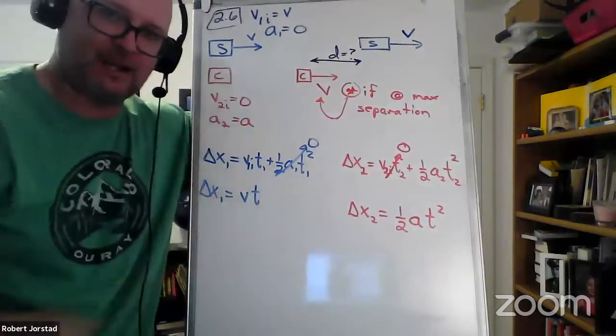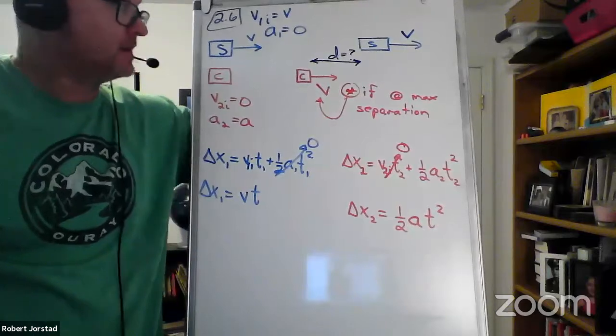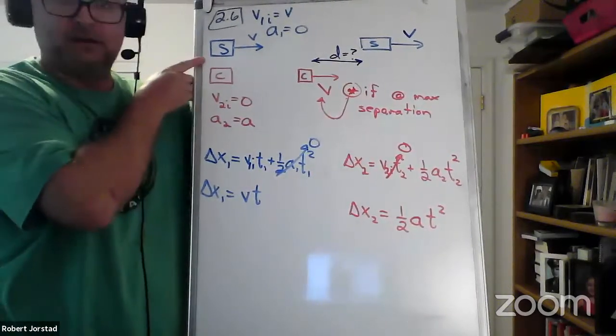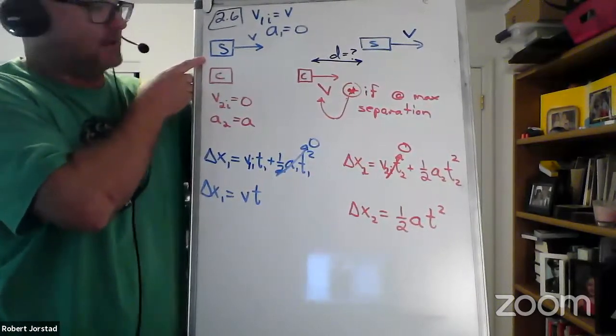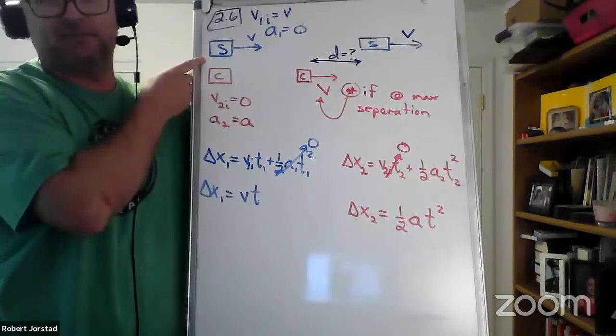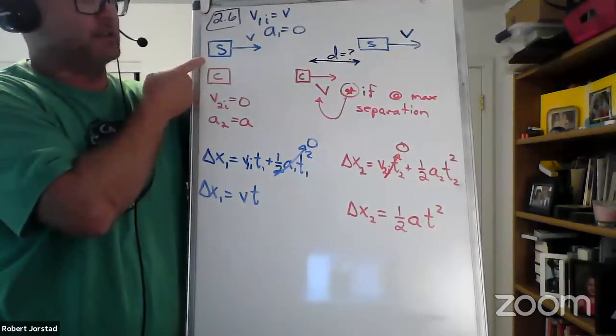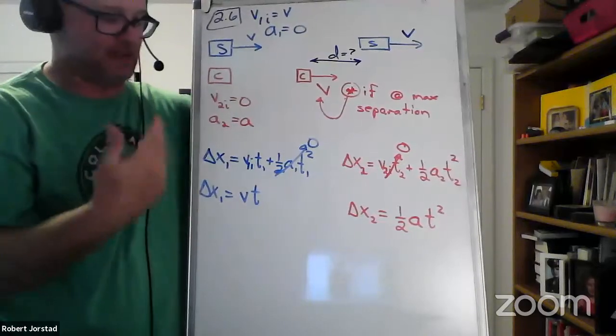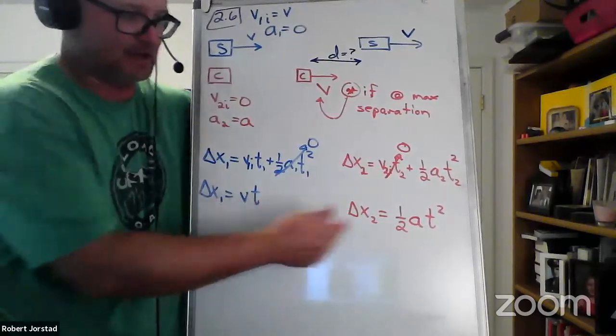They have the same time in this problem. At this moment, they started at the same time, so we know that they're going to drive for the same time. That's why I can actually drop the time subscript.